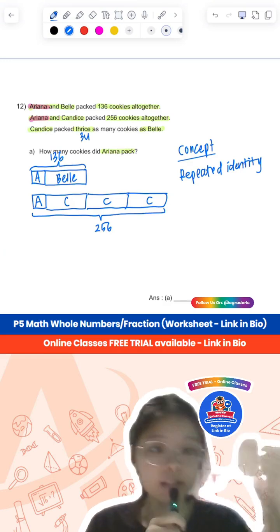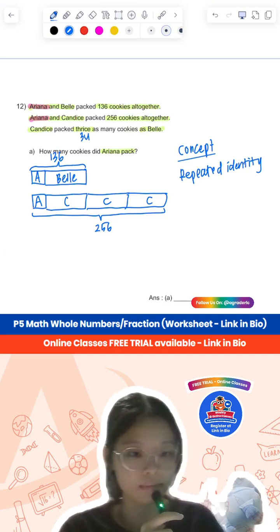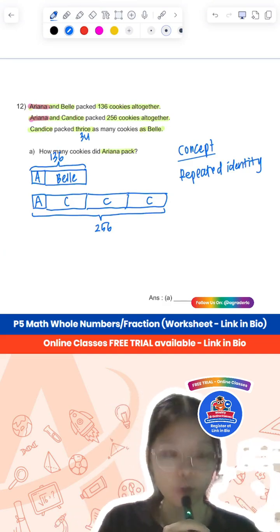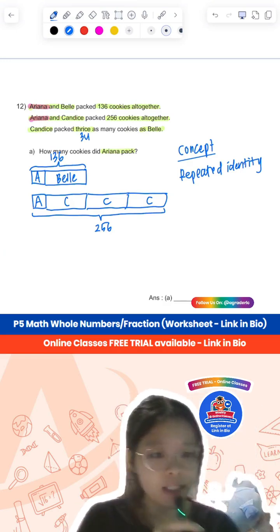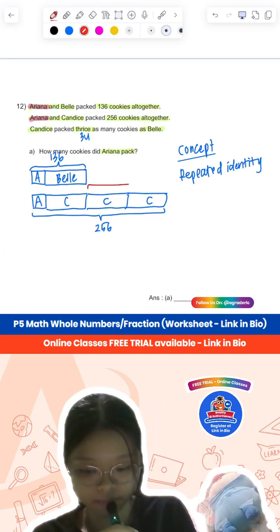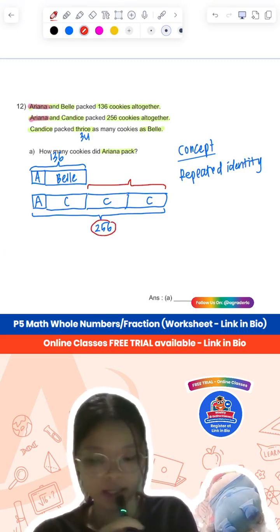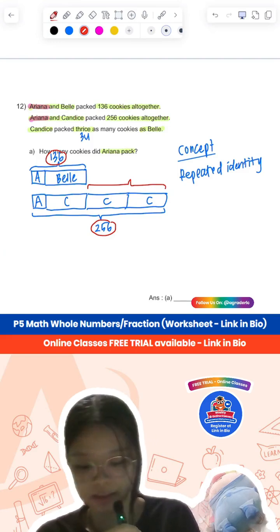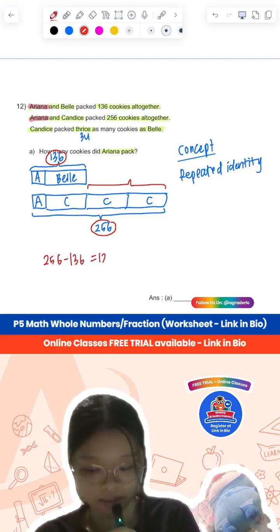The final answer is not 76. Okay, G says 256 minus 136. Good, because of this portion over here. This is the difference between 256 and 136. So 256 minus 136 gives us 120.